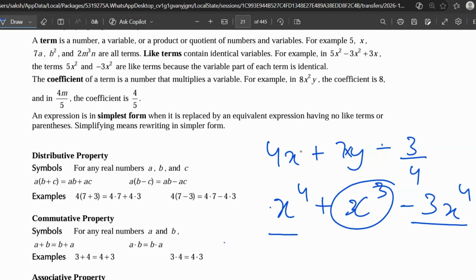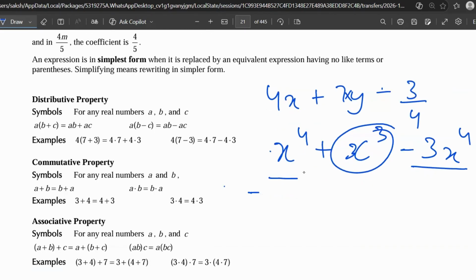Why are we learning like terms and unlike terms? If we have to simplify this in the simplest form, what are you going to say? x raised to 3 minus 2x raised to power 4.